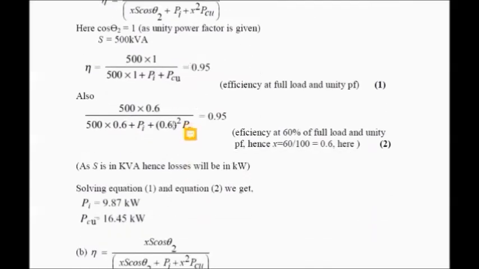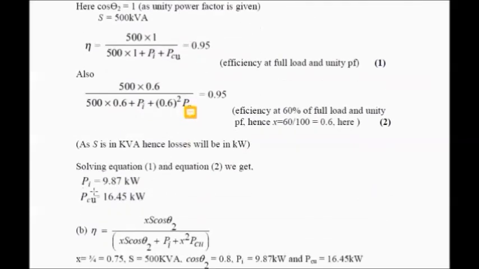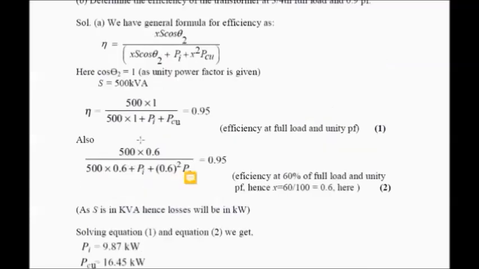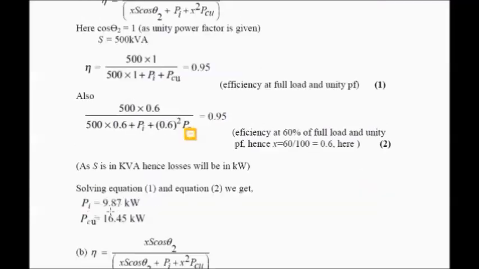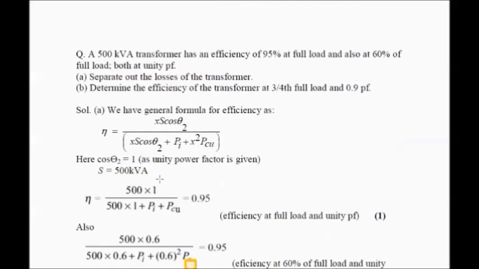Solving these two equations, I will have Pi is 9.87 kilowatt. Why kilowatt? Because I have used here 500 and hence kilo is already involved. So Pi is 9.87 kilowatt and P copper is 16.45 kilowatt. So this is the answer for this question.